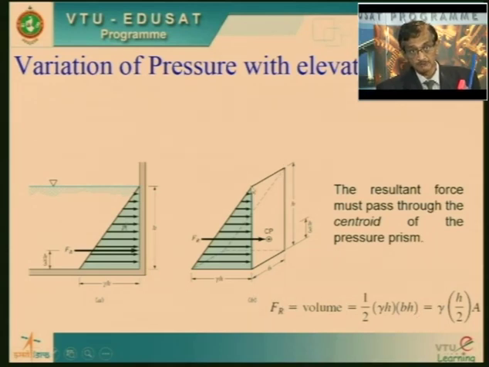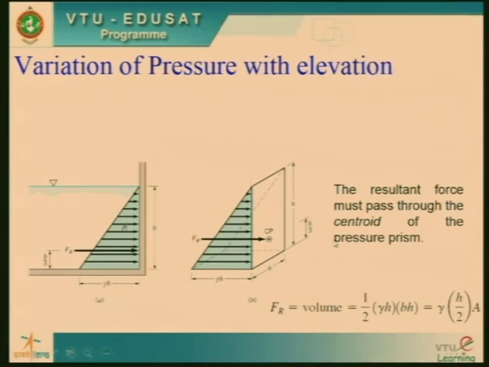B is the width of this particular face, and h is the height. So we can exactly calculate how much pressure is coming. No doubt at the bottom it is maximum pressure, but what is the resultant pressure? We need to calculate based on that. It is basically the volume of the prism which is available in front of you. Is it okay? We will discuss this later also.